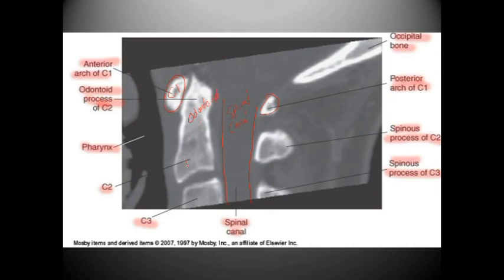And we have the body of C2. This is the spinous process. As you can see, it's kind of blunted and it's not as prominent. Then as we get into C3, we actually have a traditional body and spinous process. Also, we have the vertebral end plate here and here.